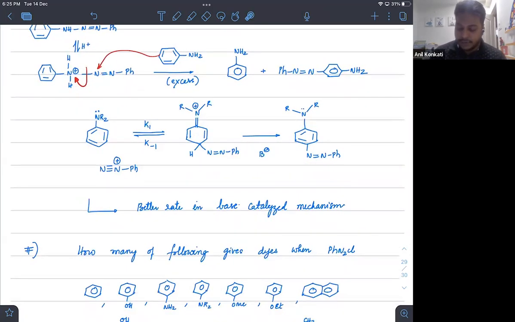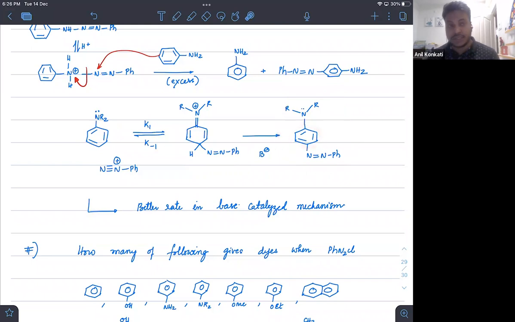Suppose we have aniline present with NR2 here, if there is an alkyl substitution and coupling has to be done, right? So first at the para position, it will attack. You'll get this group here, correct? And then here it will take away this H plus and retain the aromaticity to get this product.